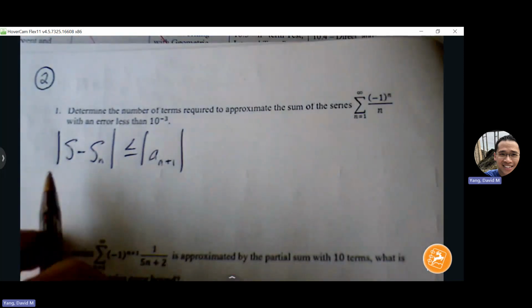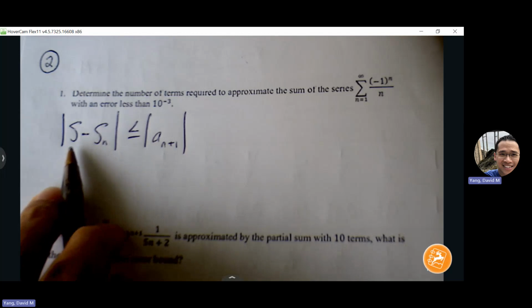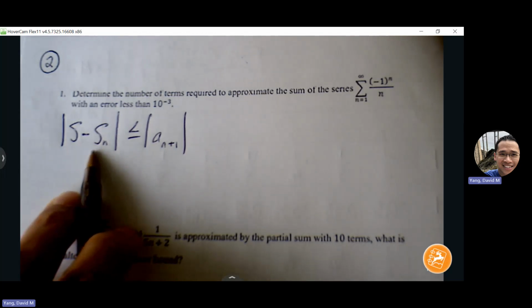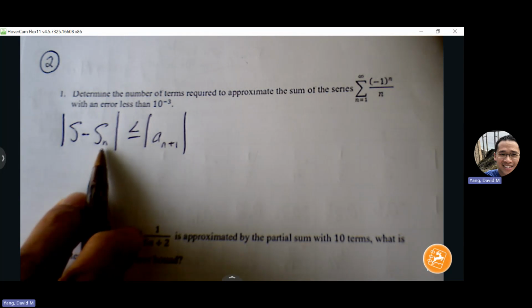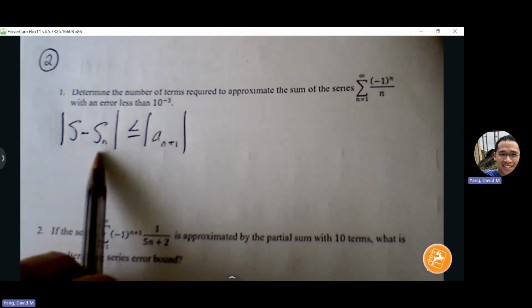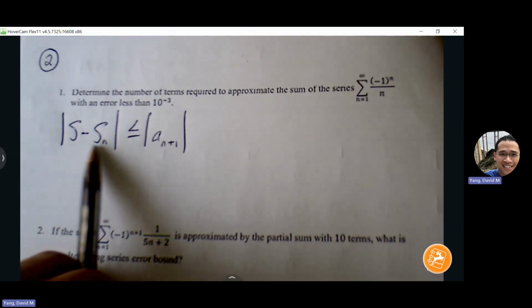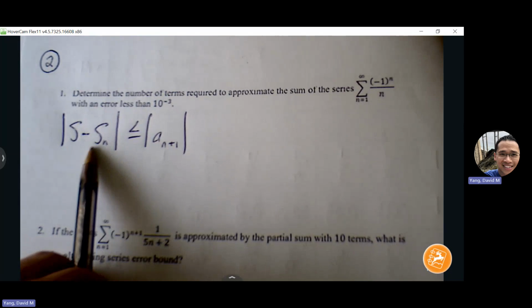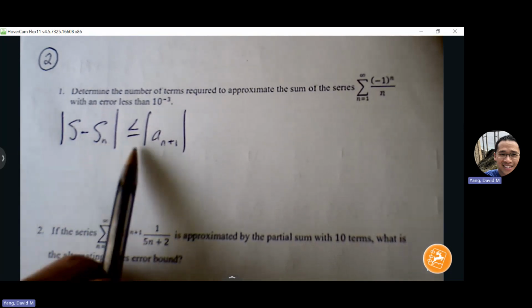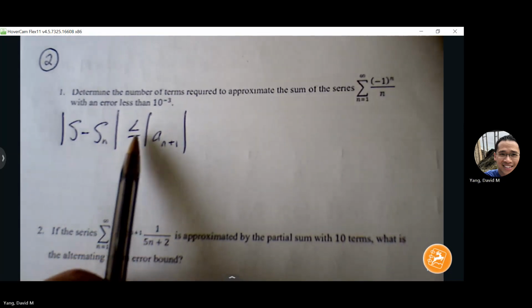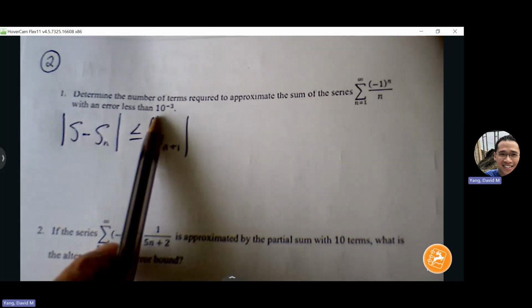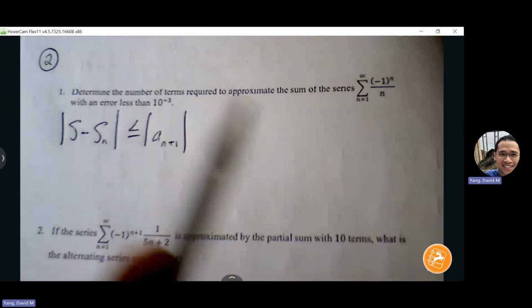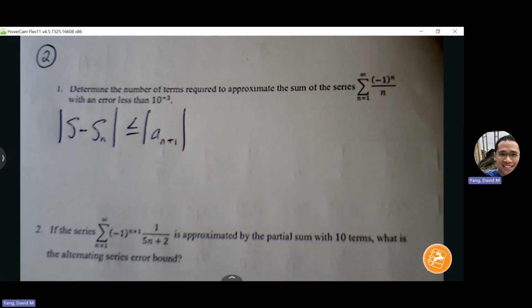This means that whatever the difference is between the actual sum, which most of the time we're not going to know, versus the partial sum, S sub 4, S sub 5, whatever, we want the accuracy to be less than 10 to the negative 3.